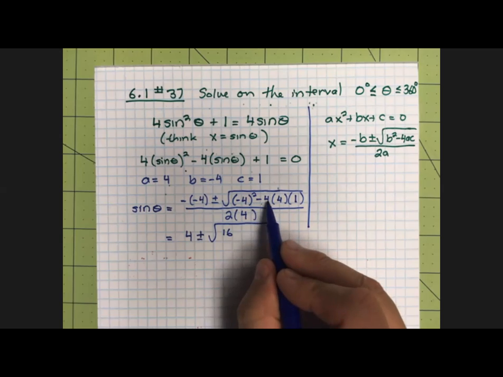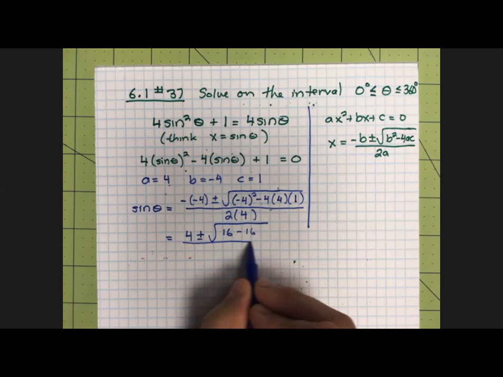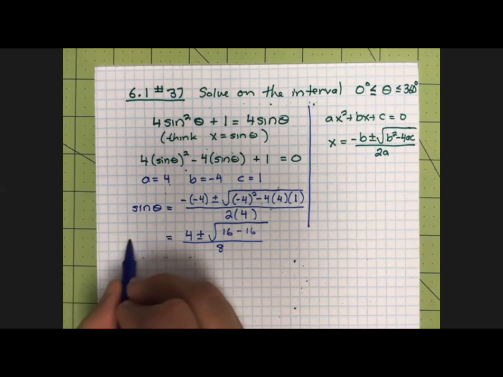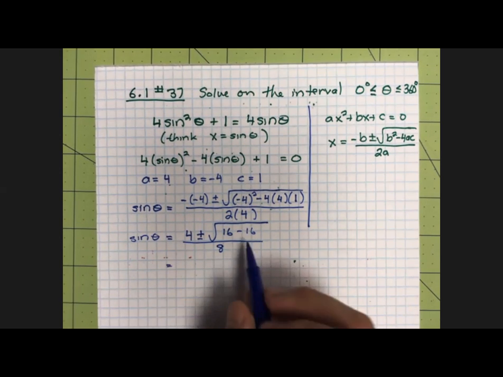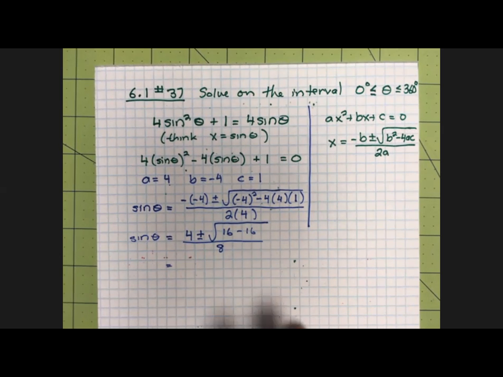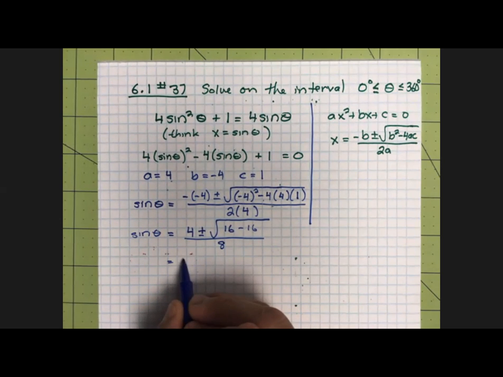And then I subtract 4 times 4 times 1, which is also 16. Bottom is 8. So I'm going to get an answer, yeah. But I don't have to do any fancy work with the square roots because square root of 16 minus 16 is 0. So this whole thing becomes 4/8, which is 1/2.